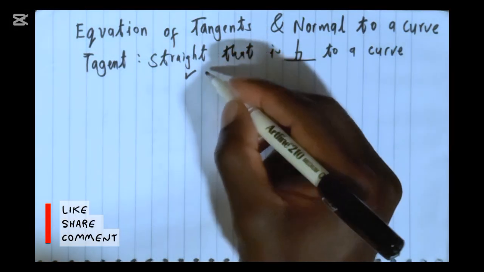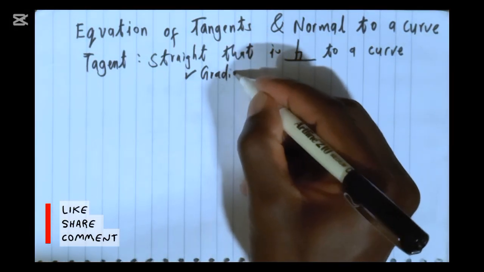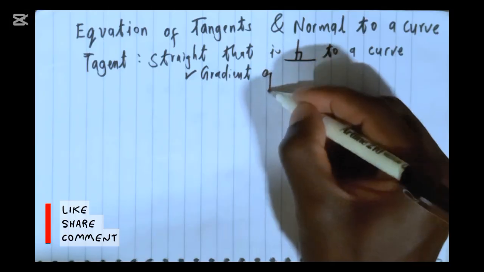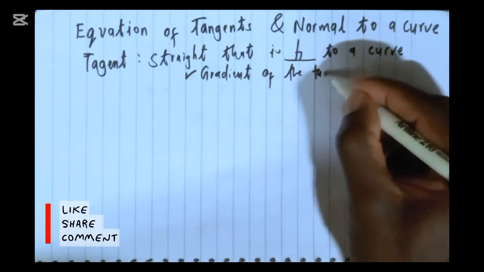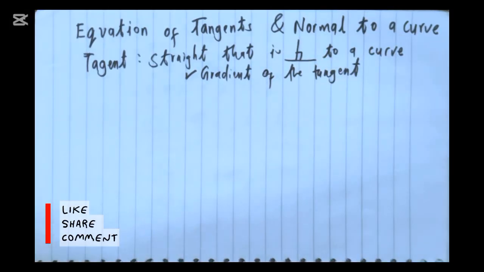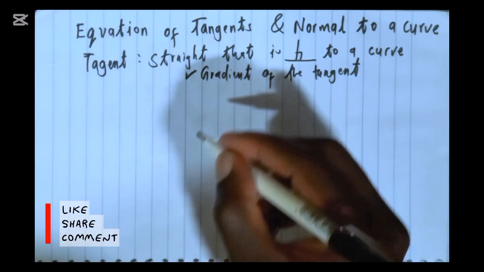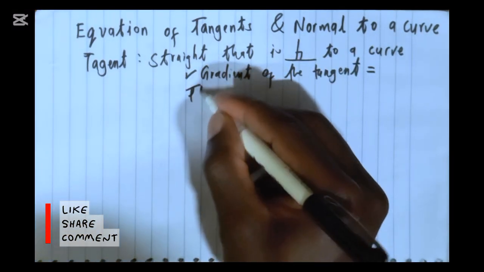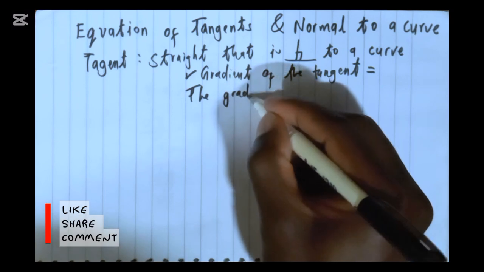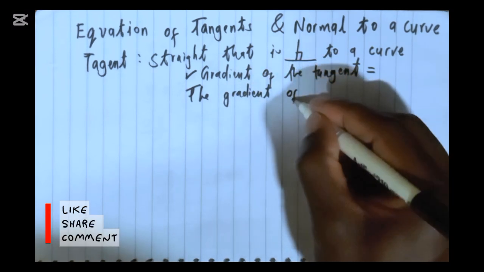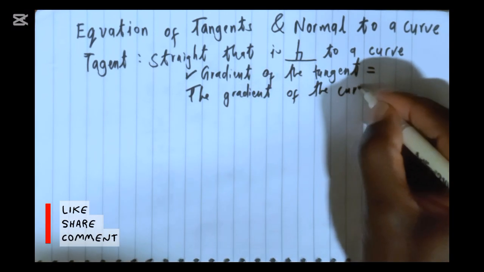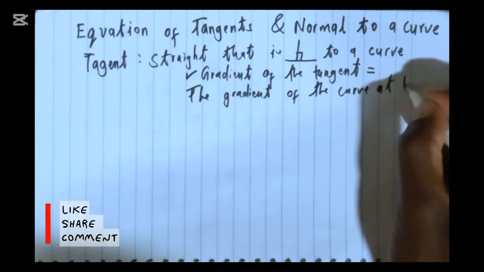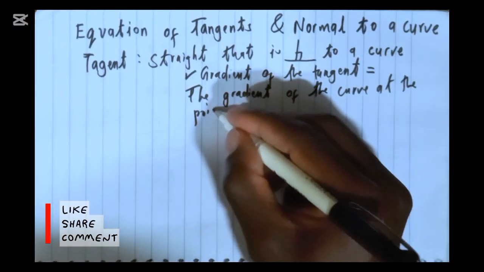I'll note it down here that the gradient of the tangent is equal to the gradient of the curve at the point of intersection.